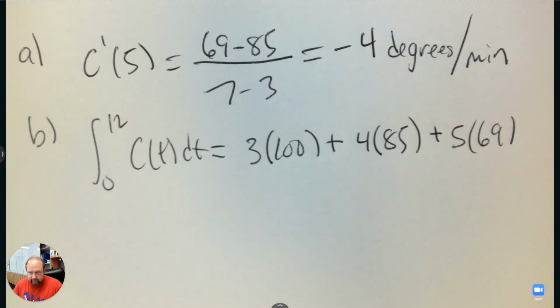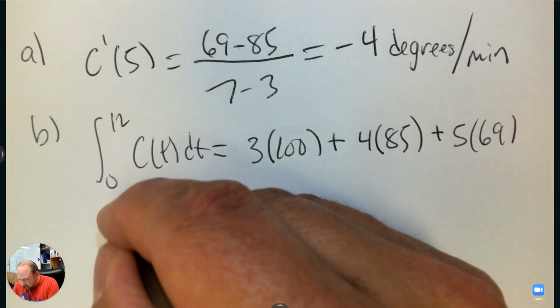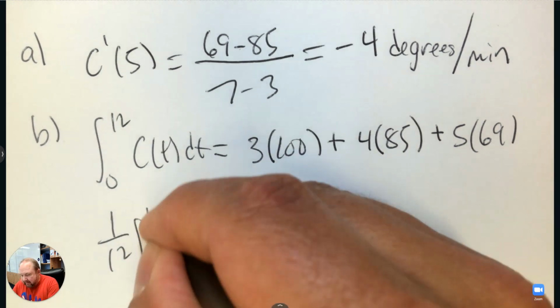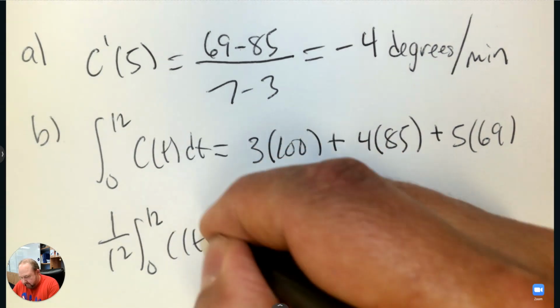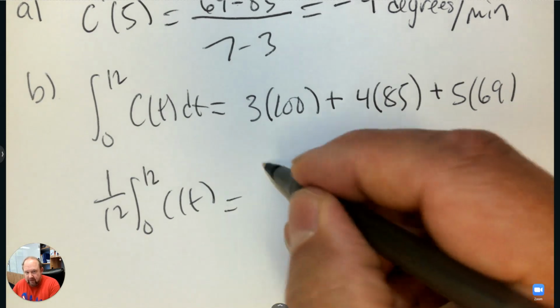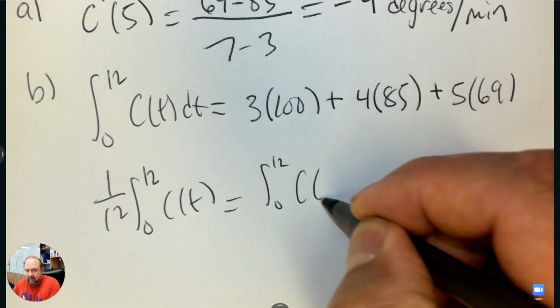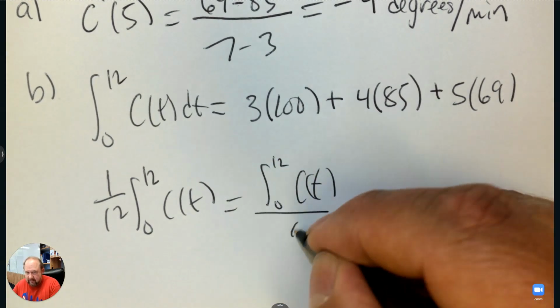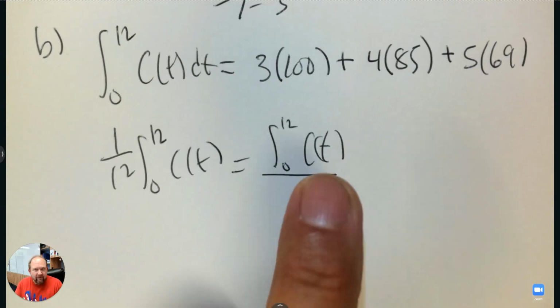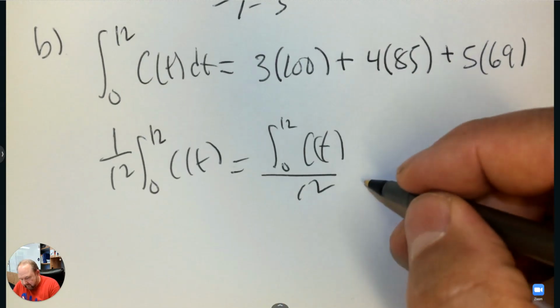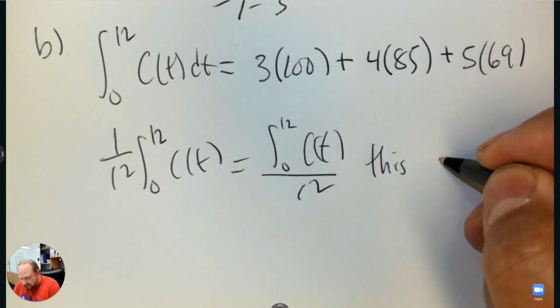Then it says, a second part, interpret what this means. So do you recognize what that is? Another way to write this, if you recognize, is when you integrate and then you divide by the difference of the bounds. It's the same thing. What does that mean? And so this is the average value.